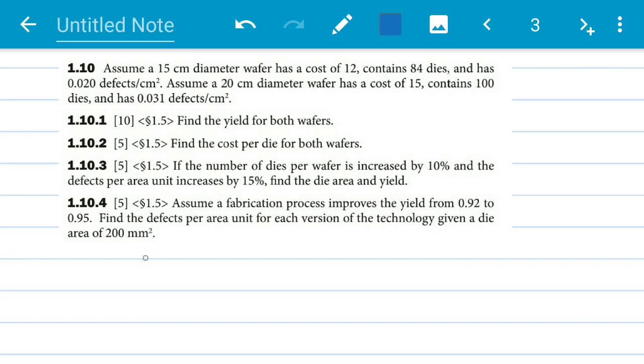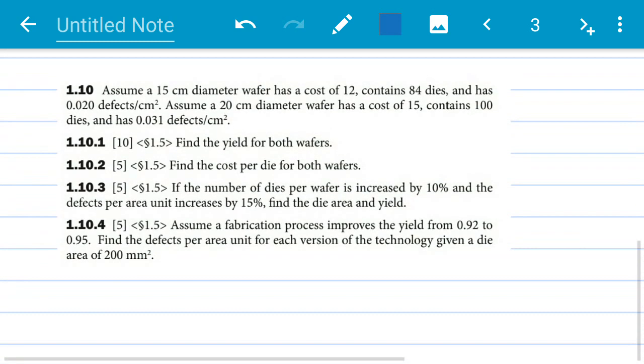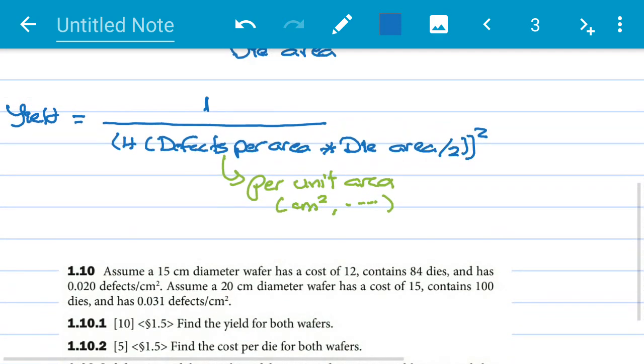So, let's recall the equation of the yield. Yield equals 1 over (1 plus defects per area times die area over 2) all squared. What do we have here? We have the defects per area. Do we have the die area?